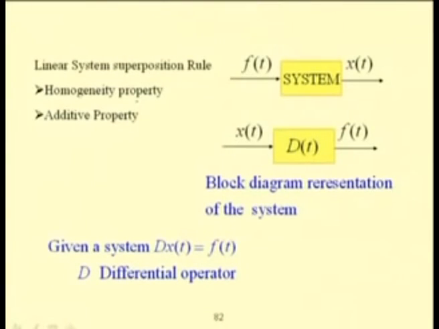This is the homogeneity property. Similarly, for a force F1, if the response is x1, and for another force F2 the response is x2, then if a force F1 plus F2 is applied to the system simultaneously, the response should be x1 plus x2. That is the additive property.